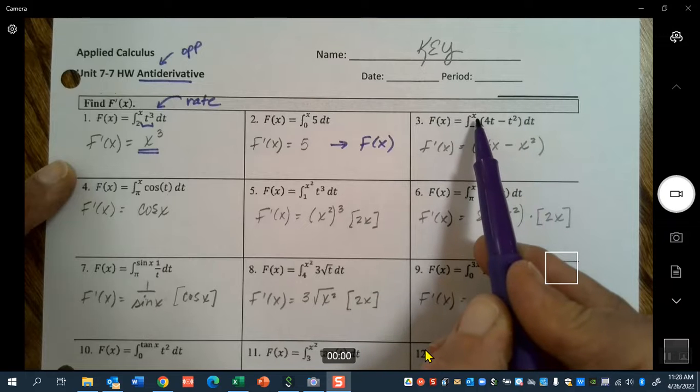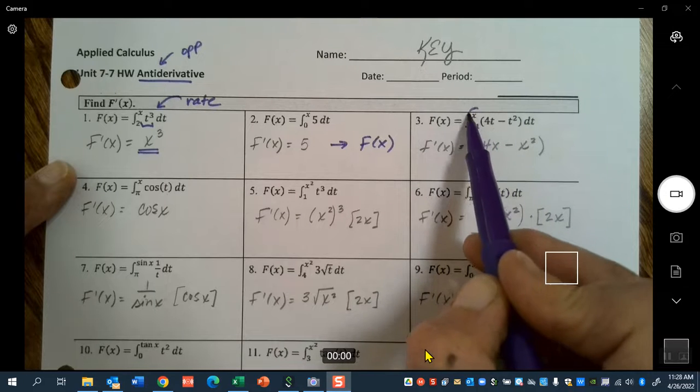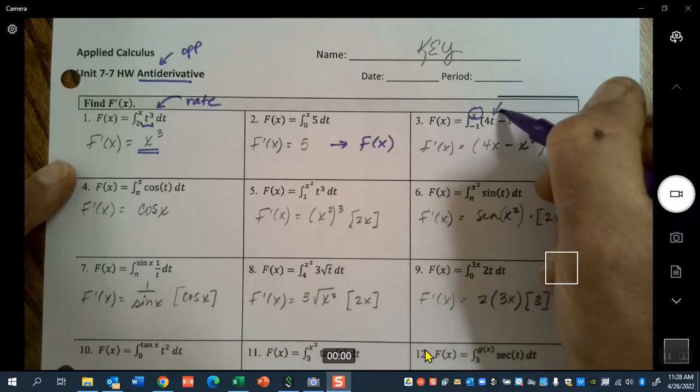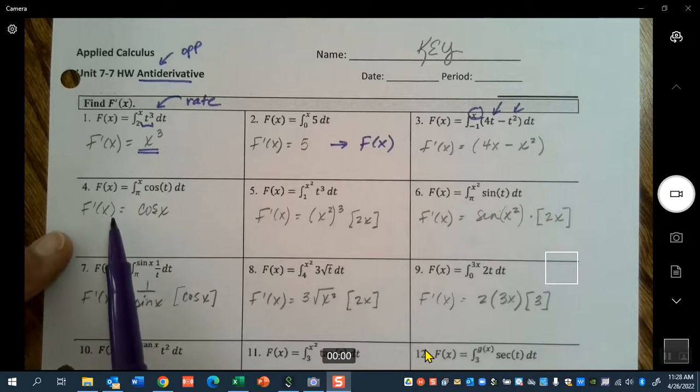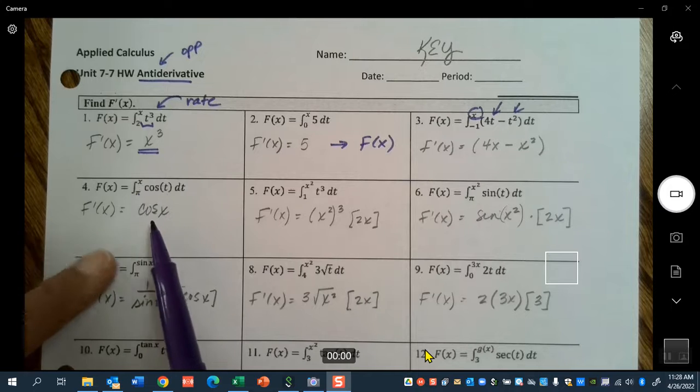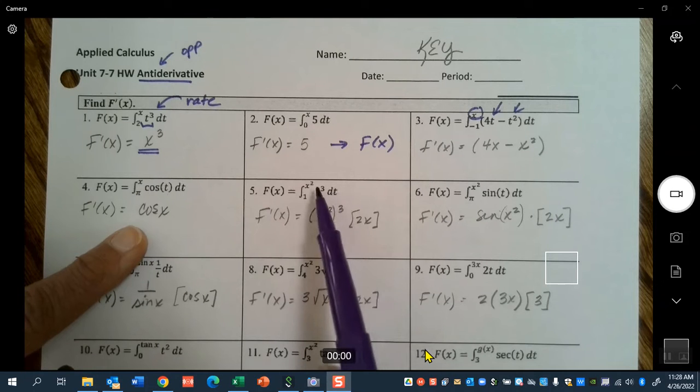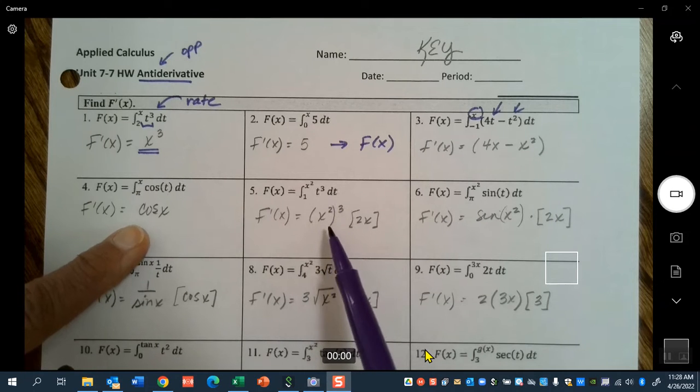All I'm doing here is putting my upper bound, my x variable, into my function. Upper bound into my function.